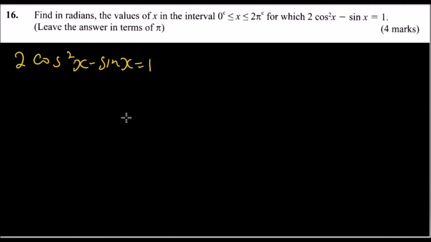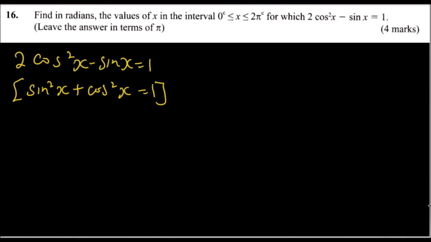For us to solve this, we need the equation to have one unknown, because we cannot solve an equation that has two unknowns unless we have more equations. In Form 4 trigonometry 3, you learned that sine squared x plus cos squared x is equal to 1, that identity. This identity is going to help us work out this question.